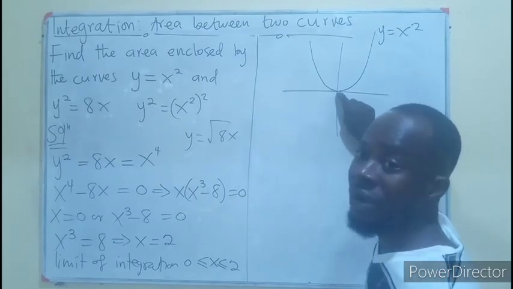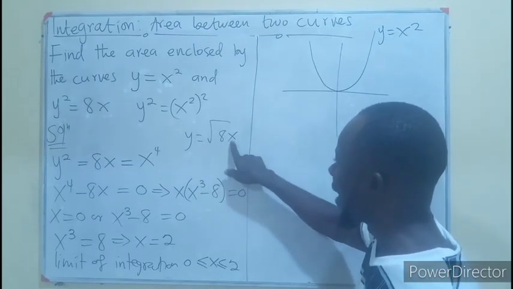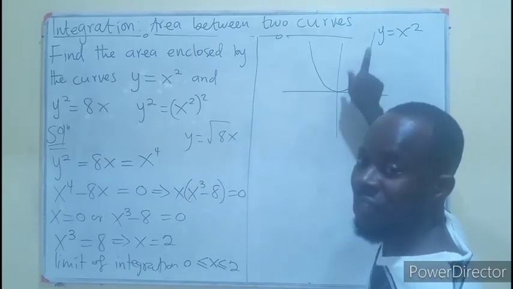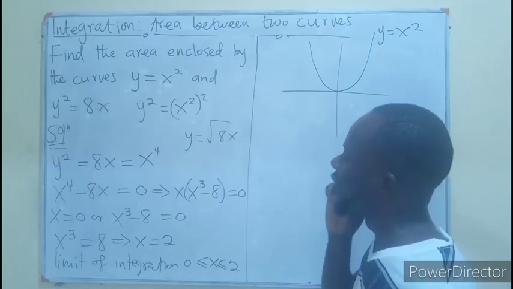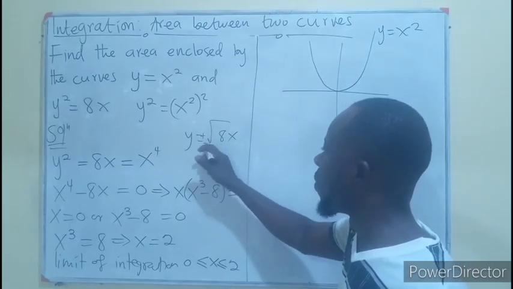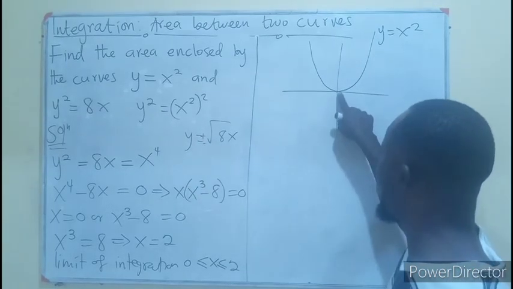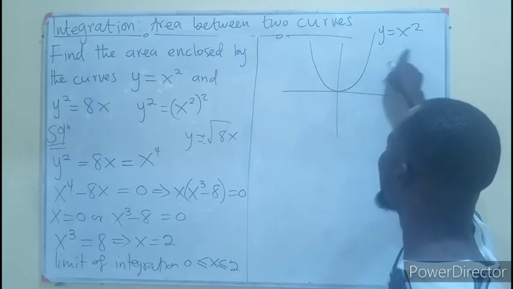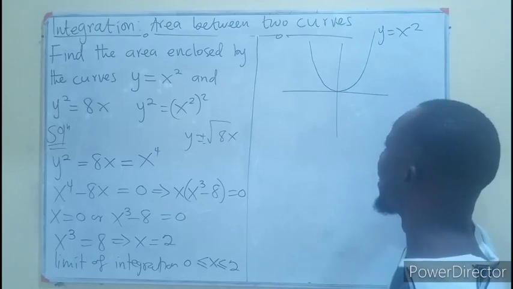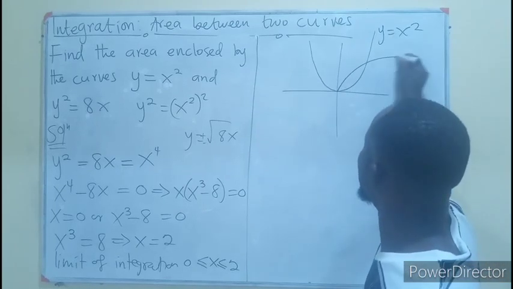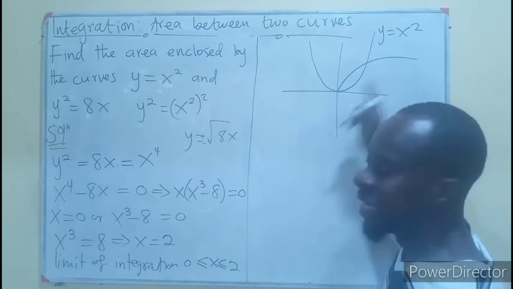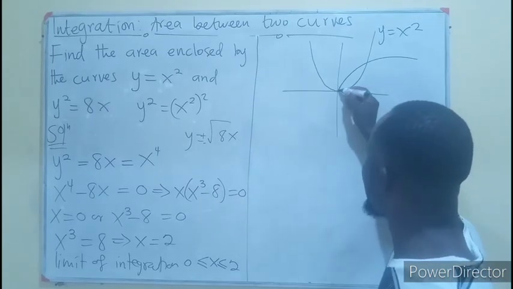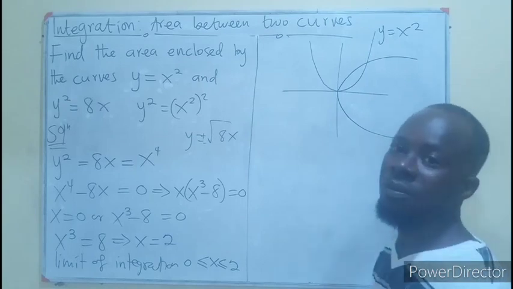So it will still be the origin. If I have x to be 1, y will be 2 point something. So 1, 2 point something, it will still be in that direction. But don't forget, the square root could be positive or negative. So the x will still be positive. It is the y that will be negative. So the curve will pass here, and at the same time it can pass here. So I'll be having something like this. If I'm looking at the positive values, then I can also have the negative values in this form.